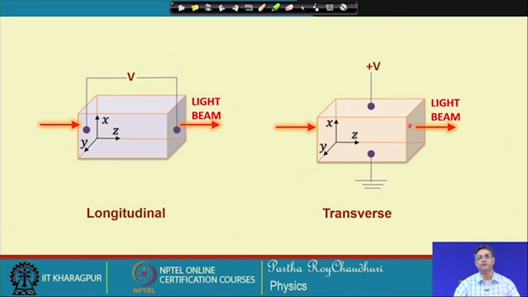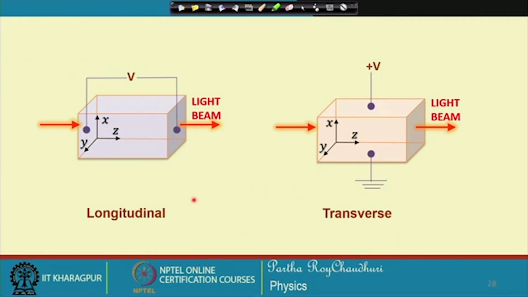The other configuration is the transverse configuration, where the electric field is applied across the crystal and the light wave is travelling in this direction. These are the two different configurations, and we will discuss them in detail with examples in the next section.